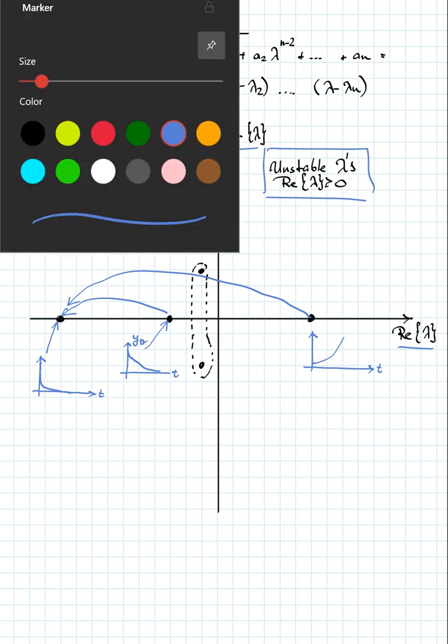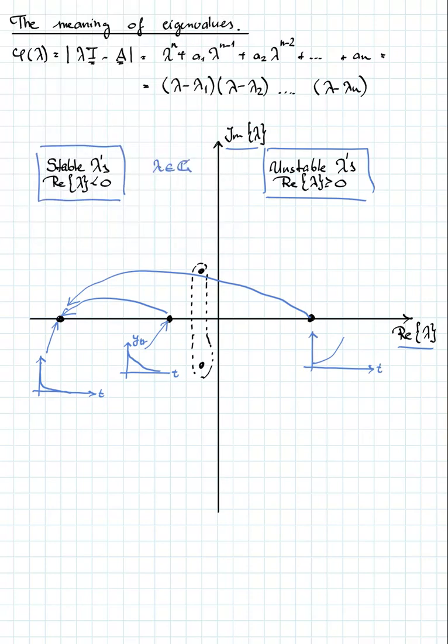And with another color, if you have got a really complex value of the lambda, for example, this lambda and this lambda star, because of the conjugate value, the real value is the same and the imaginary value is the negative of the other one.